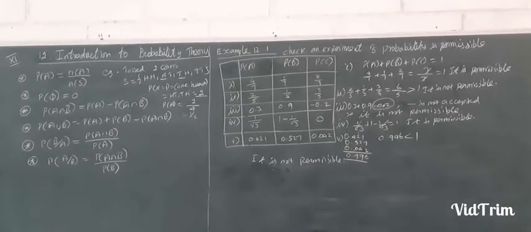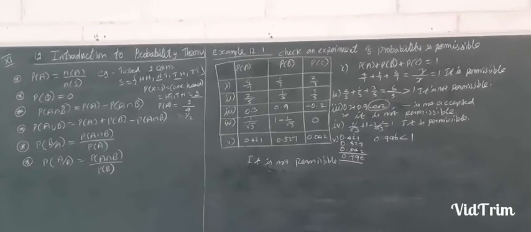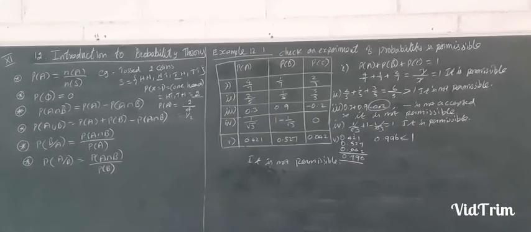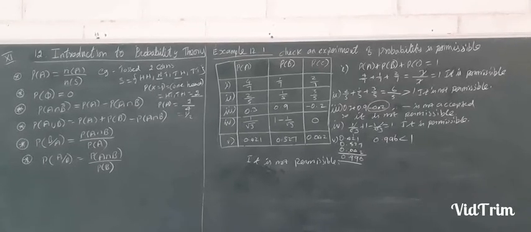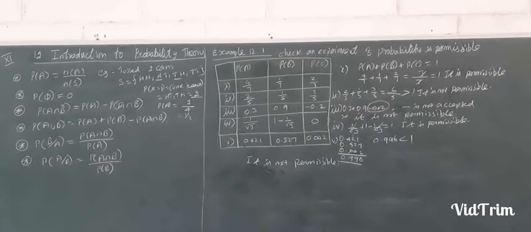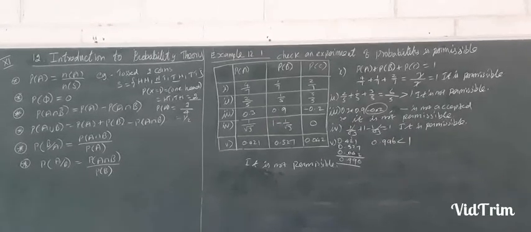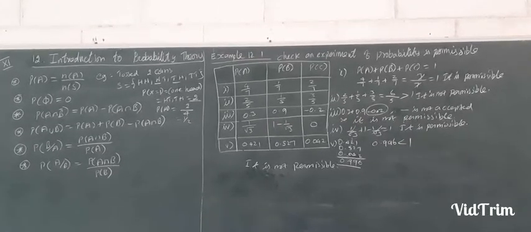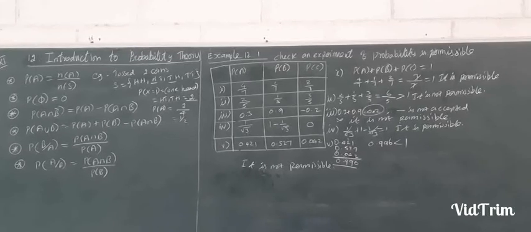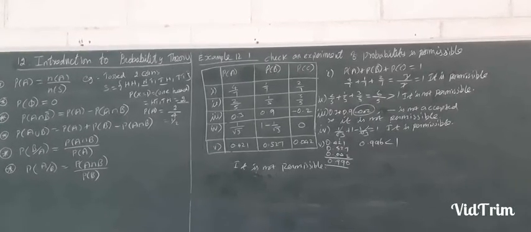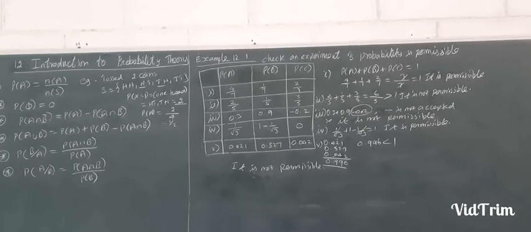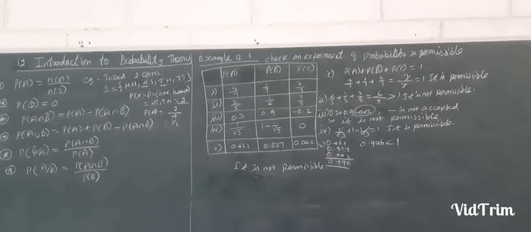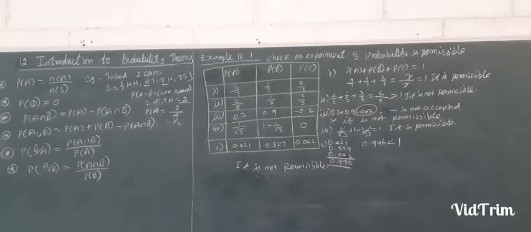P of A is equal to n of A by n of S, which means the probability of an event is the number of favorable outcomes by the total number of outcomes, or sample space. We saw only one sum about the concept of total probability. You just try out the exercises and example problems. That's it.